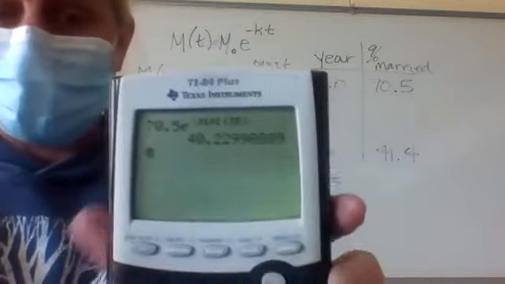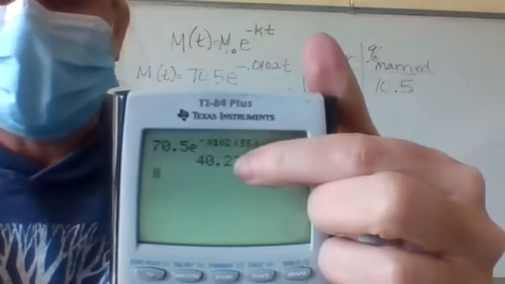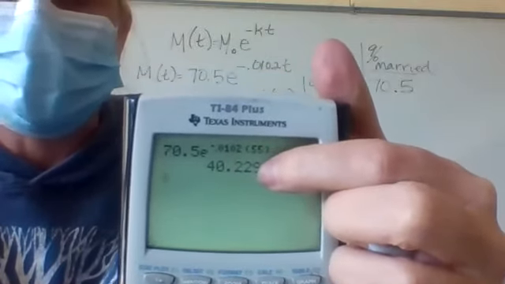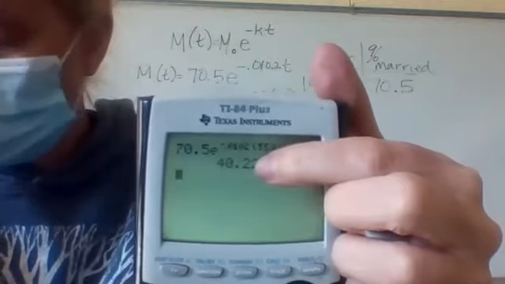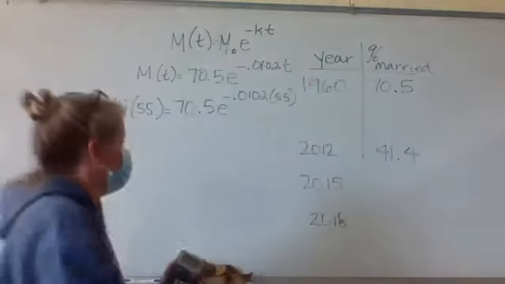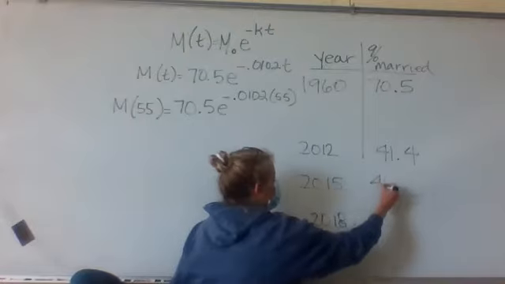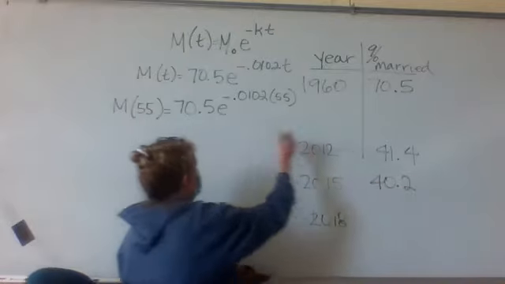Round to 1 decimal place. So the percent of people married in 2015 is 40.22. If I round it to 1 decimal place, it'll just be 40.2.